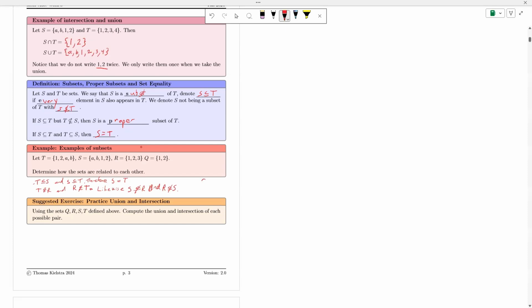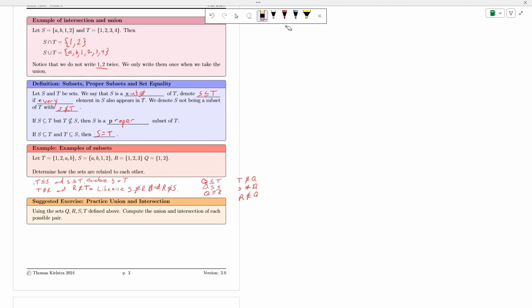Well, Q is a subset of T, Q is a subset of S, and Q is a subset of R. T is not a subset of Q. S is not a subset of Q, and R is not a subset of Q. What's interesting here is that Q is a subset of all three of these sets, but R is not a subset of S, and S is not a subset of R.